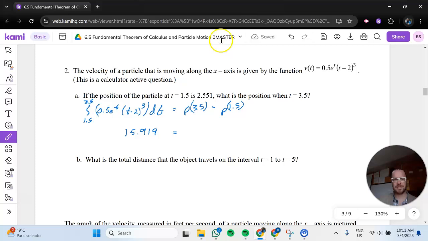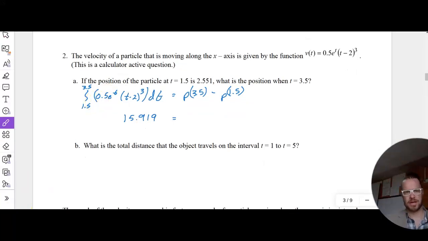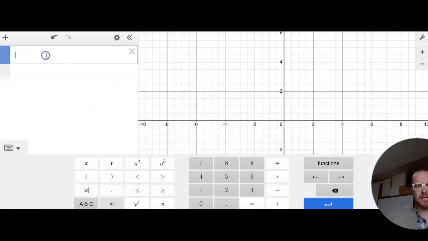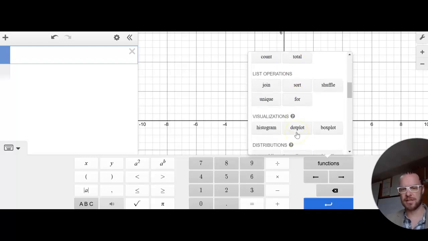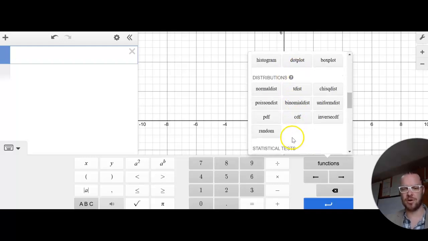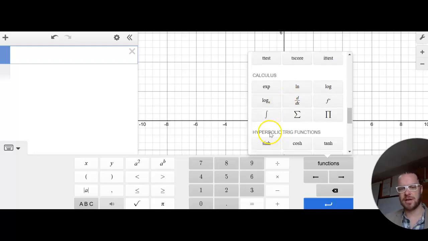And when I plugged that in, I got 15.919. Actually, I guess I could probably show you how to do it at least on Desmos. So give me a second to queue up Desmos. All right, so I've got Desmos queued up here, so I can at least show you in here how we're going to do that. It's basically the same thing on your calculator, just the buttons or the way you get there is a little different. So you're going to open up the Functions tab, or you might have to hit the Math button on your calculator.